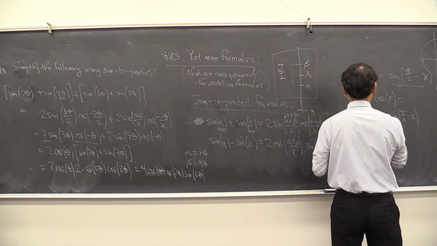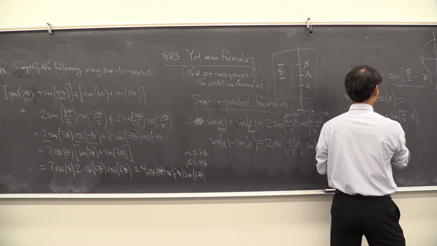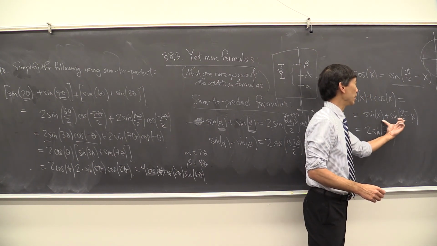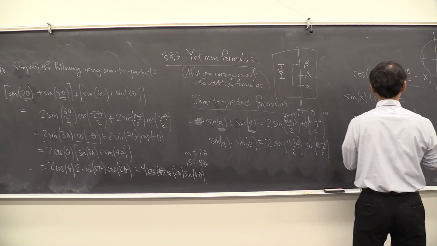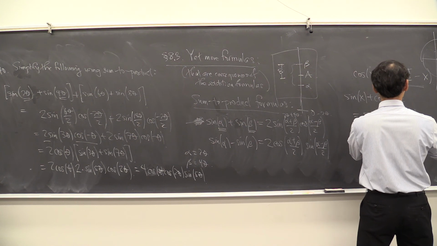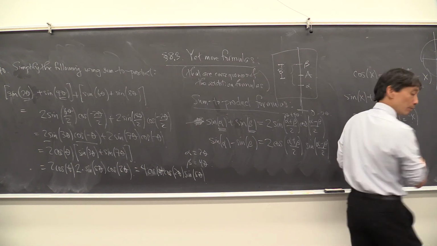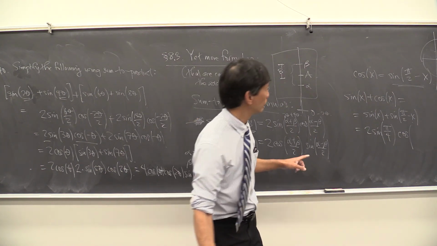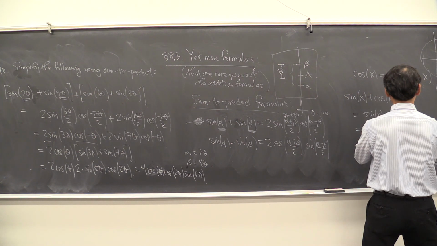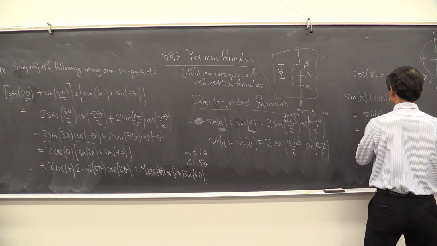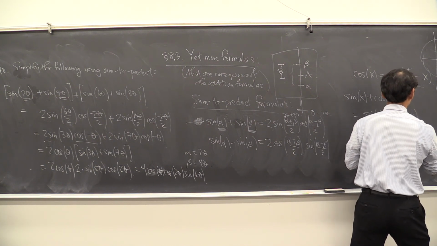So this is going to be twice the sine of the sum, which is just pi over 2 divided by 2, so you get sine of pi over 4, times the cosine of the difference, which is pi over 2 minus 2x, everything over 2. So we would get pi over 4 minus x.